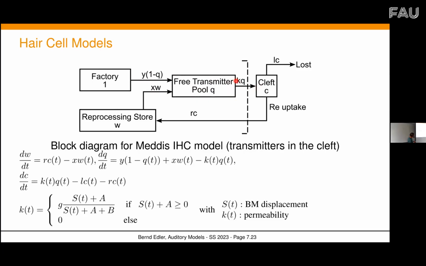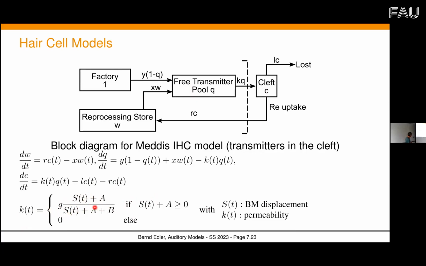And this would be then how many are leaving the hair cell to the cleft. This would be a factor Q multiplied with a K, and K is actually the connection to the potential via the potassium ion concentration and so on. So this is a nonlinear function depending on the basilar membrane displacement.